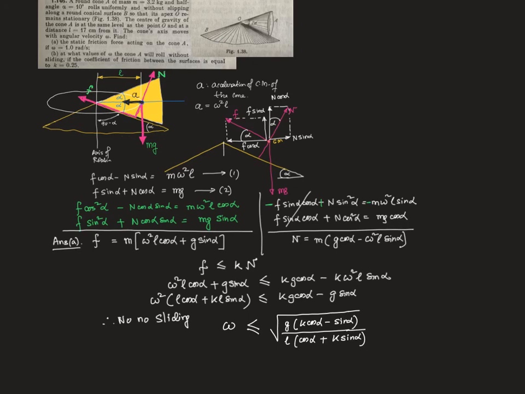With a bit of simplification, this term you can write as g by L, and dividing by cos alpha, you get K minus tan alpha divided by 1 plus K tan alpha.